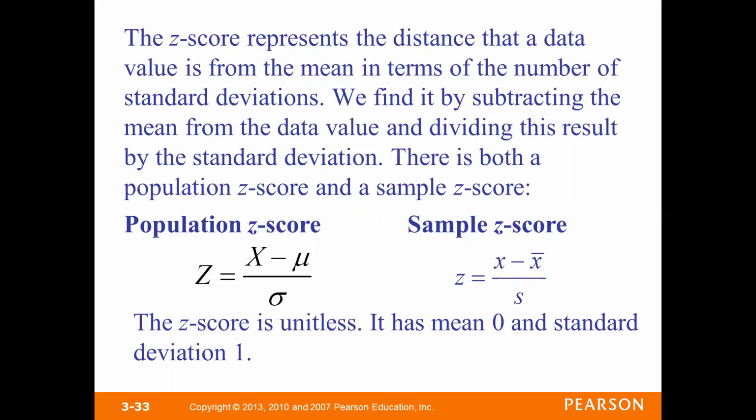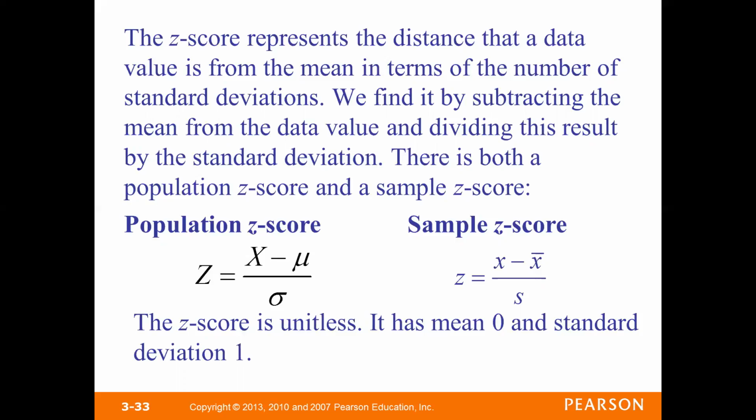The formulas do look different because in the first one, with the population, we have parameters, where we were looking at the population mean mu and the population standard deviation sigma. Very rarely will you actually know this information. We'll mainly use this formula as we get comfortable with the methodology.